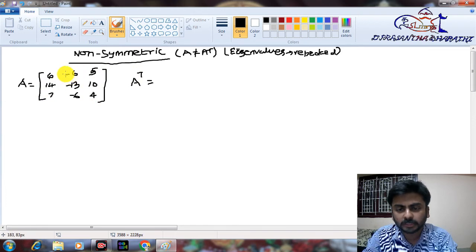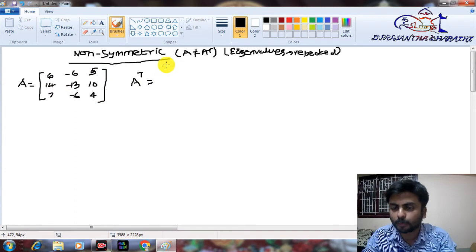That is A12 is not equal to A21, and A31 is not equal to A13. So this is definitely not going to be equal to the original matrix. A transpose will not be equal to the original matrix.